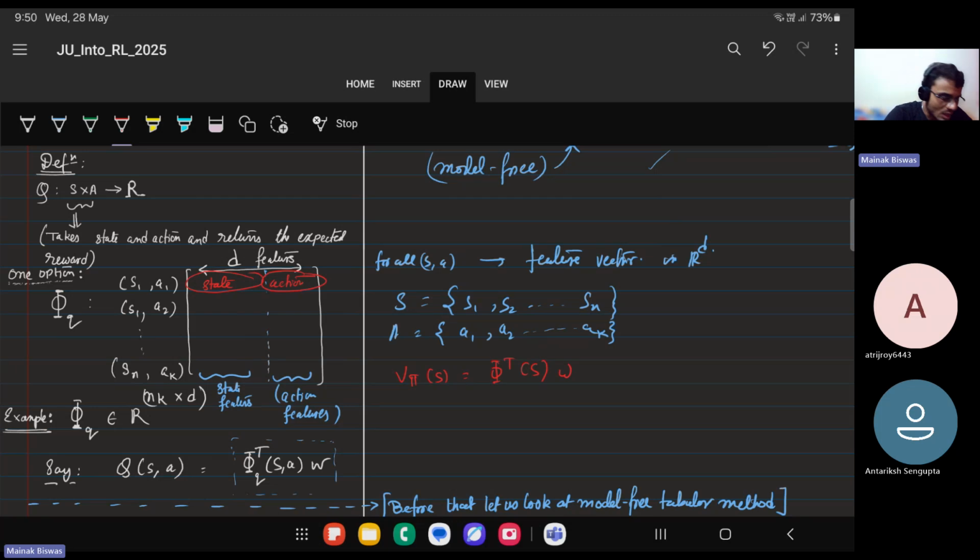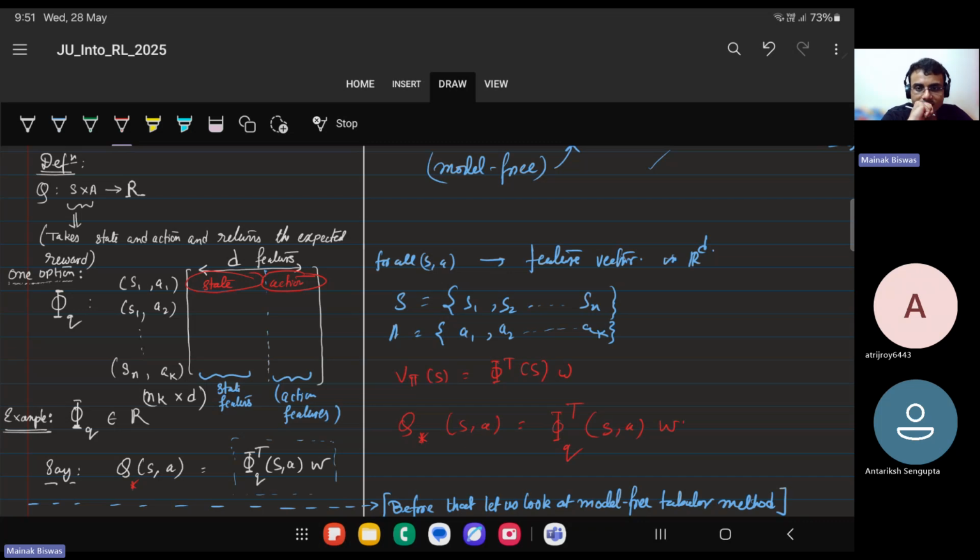Now I say that the Q value function for a policy pi can be written as pi transpose, or rather, not for Q. I want to learn Q star of S comma A, W. This is the end goal. I want to learn a W such that Q star is related to the feature matrix in this form.